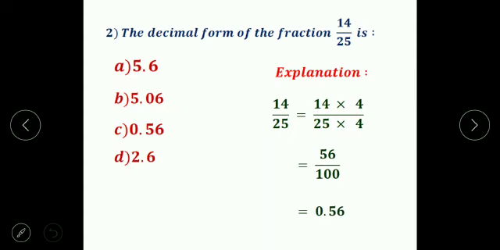What is the decimal form of this fraction? How many zeros are there? Only two zeros, right? So we have to put the decimal point from right to left after two digits. So your answer is 0.56. The answer of this question is option number C, 0.56.